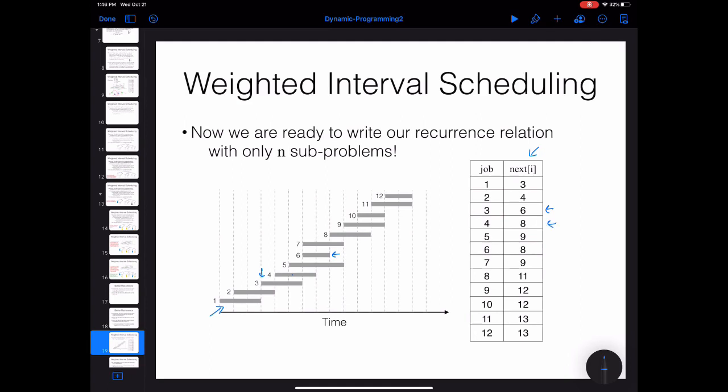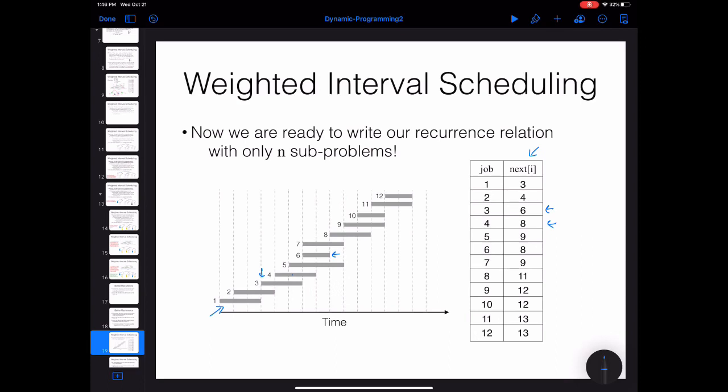I can define next of i by going over all the intervals only once. After I sort them based on the starting point, by just going over all the intervals once, you can define all these next of i.